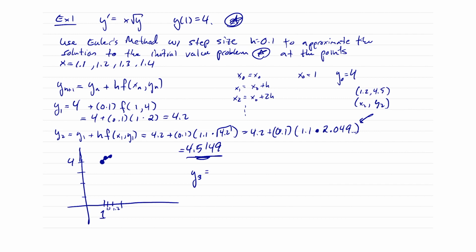Well, y3 is going to be this guy, so it's going to be 4.5149, which is what we got from y2, plus h, which is 0.1, times f of 1.2, which is x2, times the square root of 4.5149, etc. And this is the square root of y2. So we put all these into our f. You can work that out, and whatever you get is whatever you get.